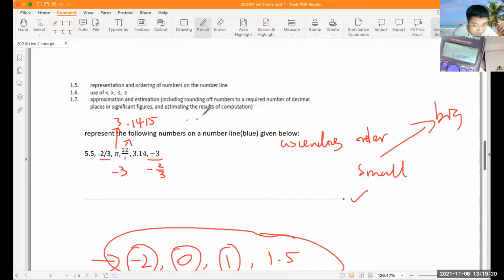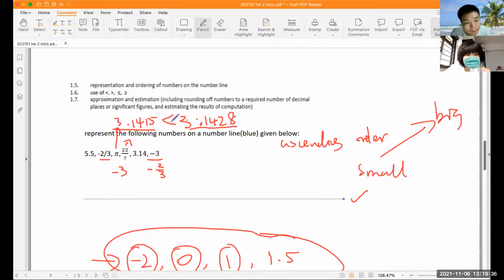It's 3.1428. Okay, good. So you will see, actually, 22/7 is bigger than pi. Can you see? Compare. It's bigger than pi.